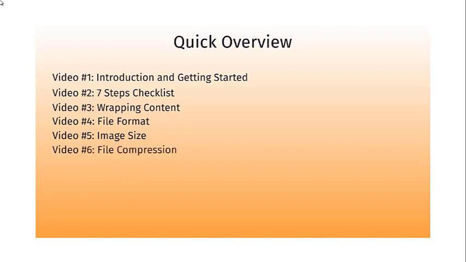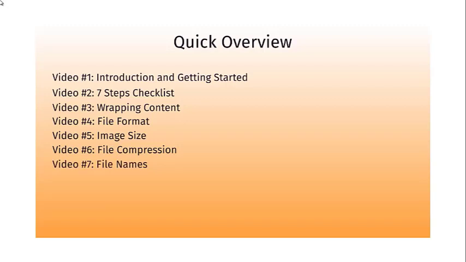Video number 6, we're going to talk about file compression, in other words, how to compress your files from, for example, 1 megabyte and decrease it by 50%, which is 500 kilobytes. The goal is to decrease the size of the image without losing too much quality, so that it can run faster when your visitors actually visit your site.